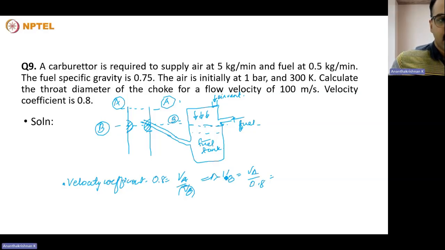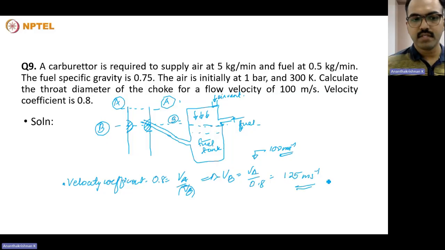In this particular problem, it's given the flow velocity of 100 meter per second, not at the throat point. So straight away you can calculate 100 divided by 0.8, it's 125 meter per second. So that part is clear, right?